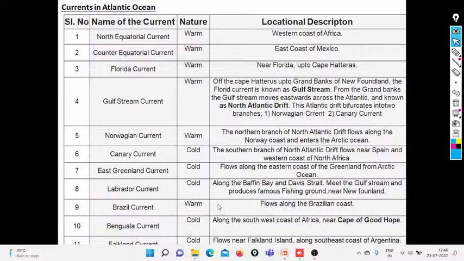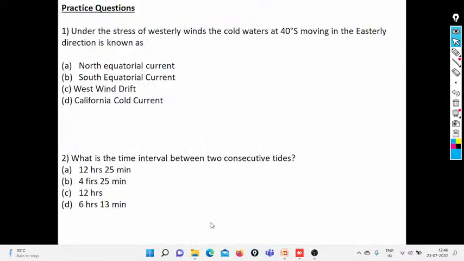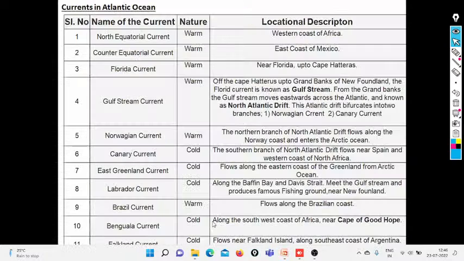Then another current, the Benguela current, is also a cold current.